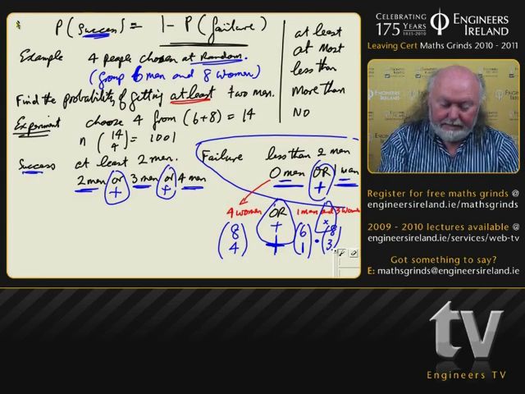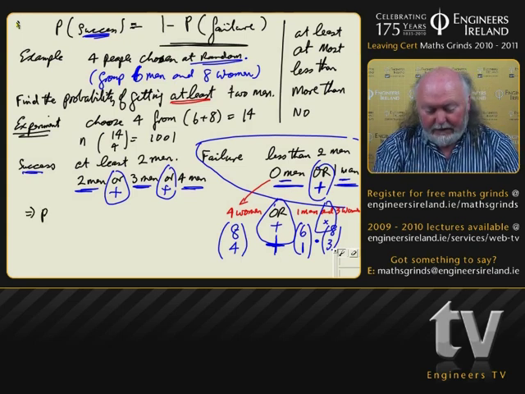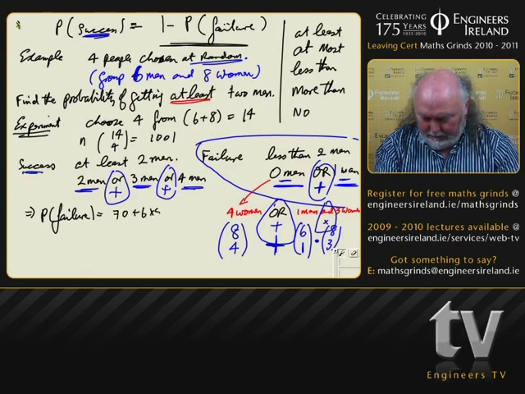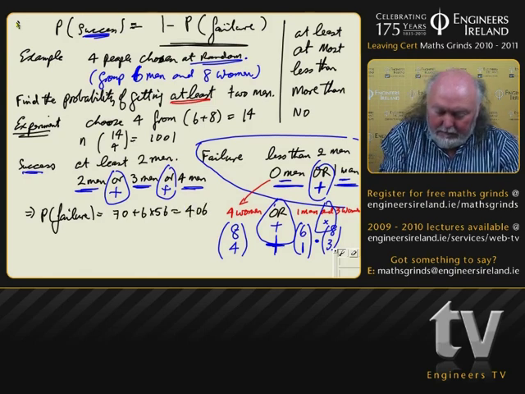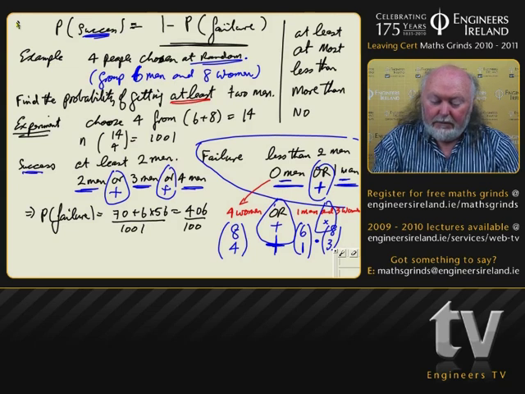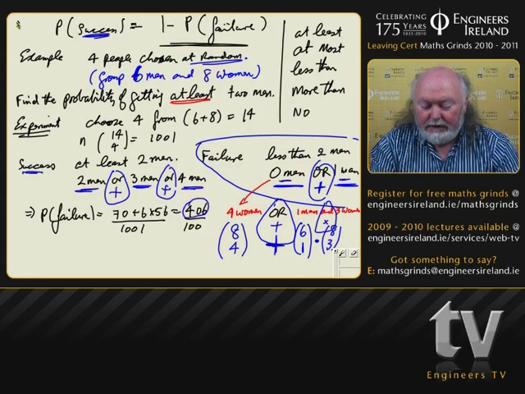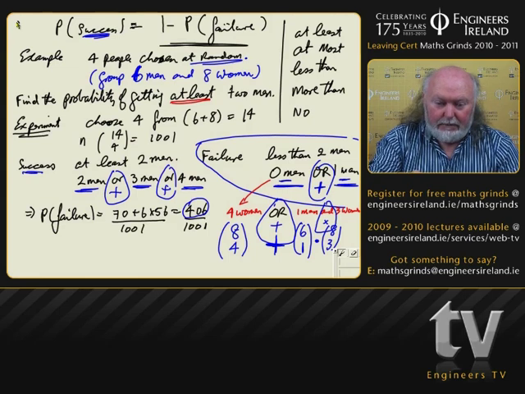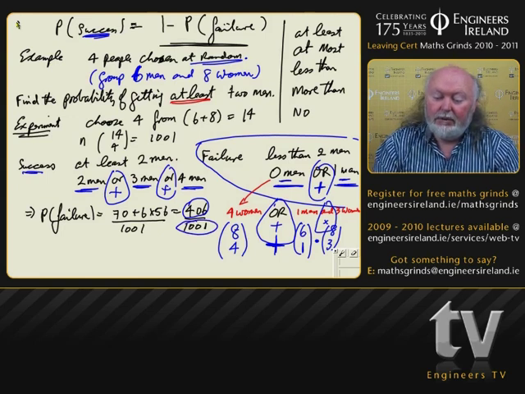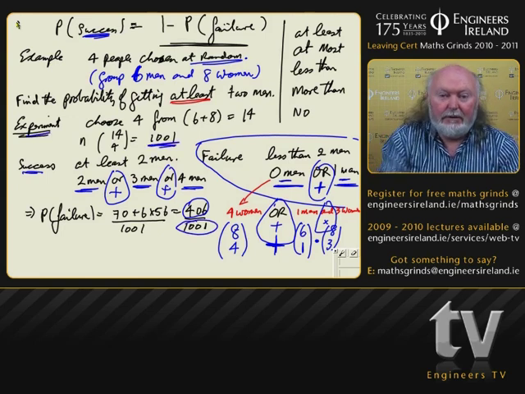We can say then the probability of failure is equal to the total number of possibilities of failing, which is 406, and they're being divided by the absolute total number of possibilities which we had worked out up here in the experiment.